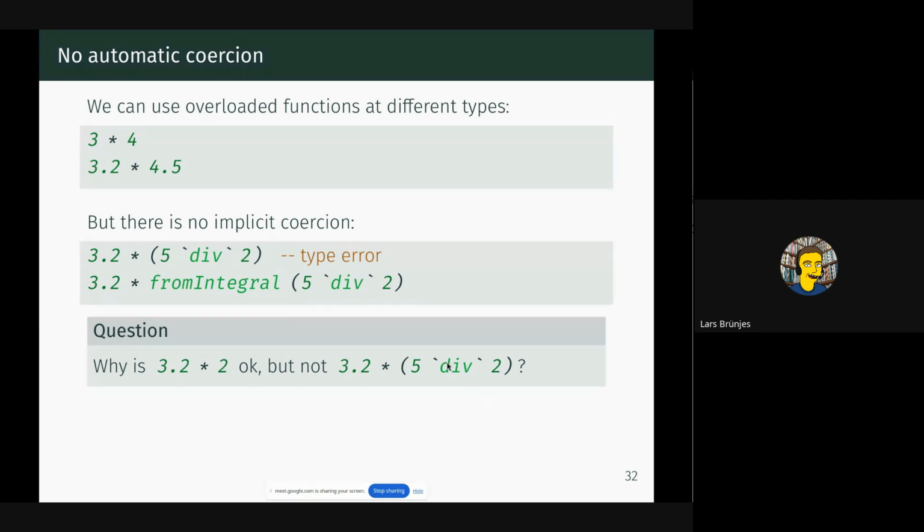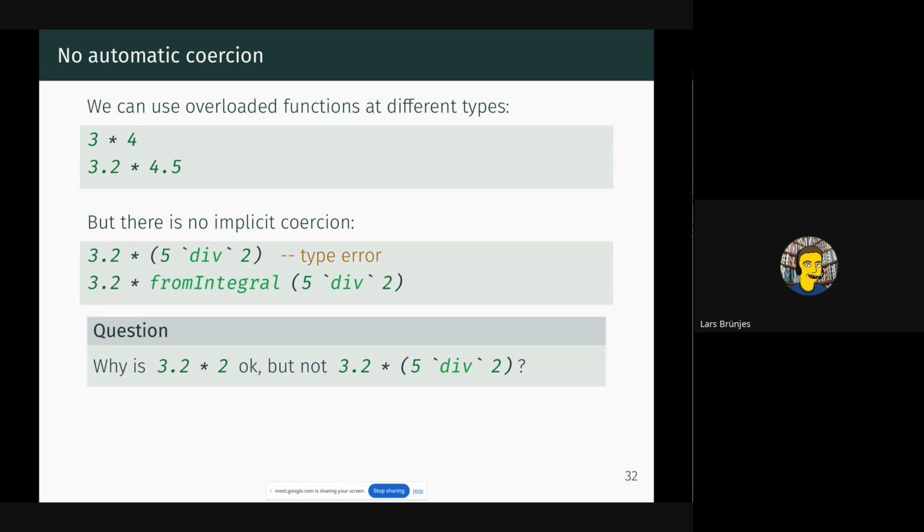But here, the div is only defined for integral types. So this 5 divided by 2, no matter what I do, it's an Int or an Integer, but it's an integral type. Whereas the thing on the left-hand side is a fractional type. So if I want a double, then it's fine for the 3.2, but this can't be a double because double is not integral.